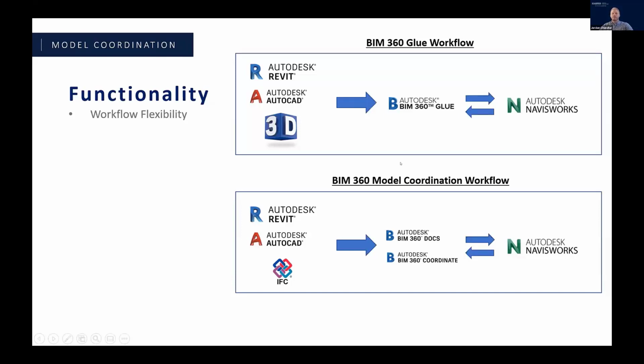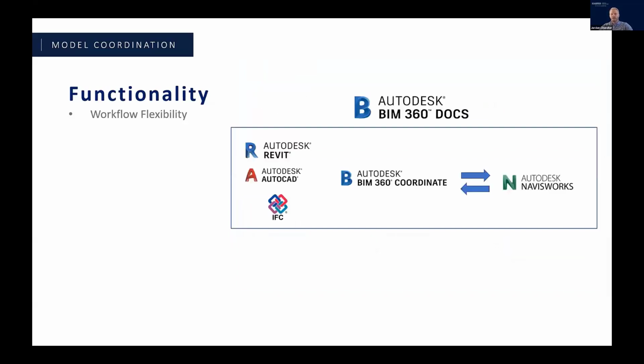And then you can use the BIM 360 Coordinate platform to run through the coordination process. And as of recently, you can now also use Navisworks in that process to open up those views to push issues back and forth, etc.